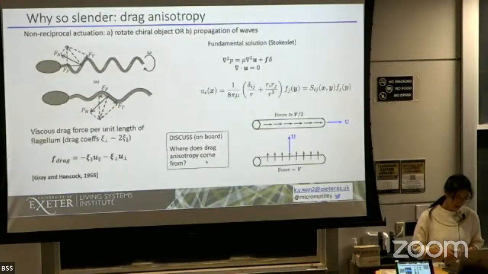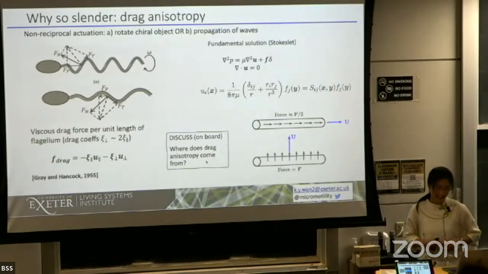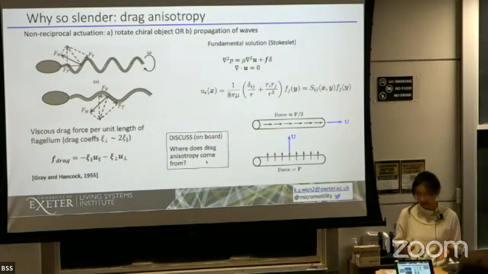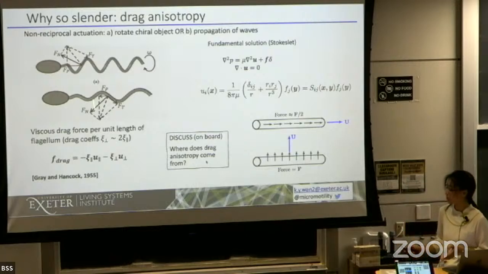As I was talking about yesterday extensively, the purpose of having a slender filament is that this allows you to exploit something known as drag anisotropy.